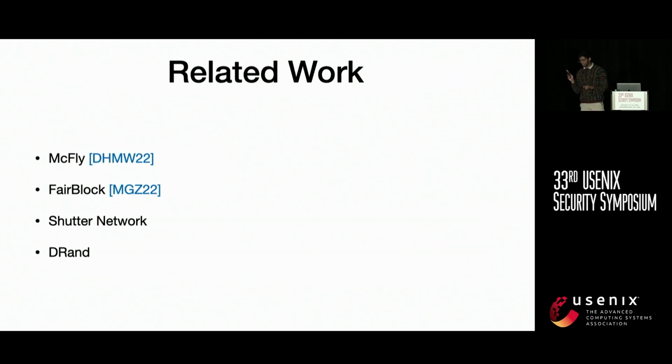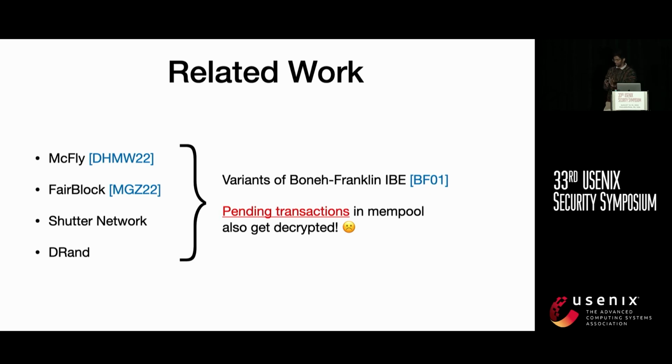So before I move on, I want to mention some related work. We're not the first ones to look at this problem, and there are in fact startups that deploy this kind of stuff. So all of these works that I've mentioned here are variants of the Boneh-Franklin IBE scheme. If you don't know what that is, that's fine, but essentially think of it as encrypting to some time in the future. And what's going to happen if you use this kind of scheme is that if your transaction gets stuck in the mempool for too long, the decryption material is going to be announced, but your transaction never made it on chain.